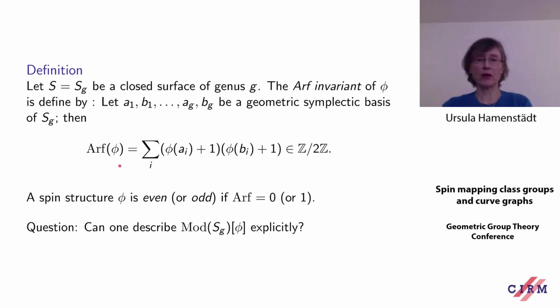So the Arf invariant of phi is defined to be the sum over all i of phi of ai plus 1, so we evaluate the spin structure on ai plus 1, multiplied with the evaluation of the spin structure on bi plus 1. And of course, everything is taken in Z mod 2Z.